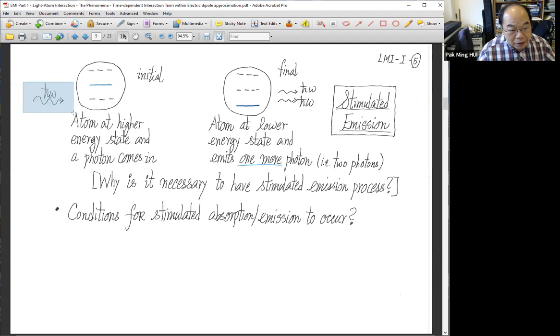So this light seems to be stimulating emission from a higher level to a lower level and emitting more light. Again, it is called stimulated because the probability for this to happen is again proportional to how strong the light is that is interacting with the atom. We will work out the simple theory within our Schrödinger quantum mechanics to understand stimulated absorption and emission.